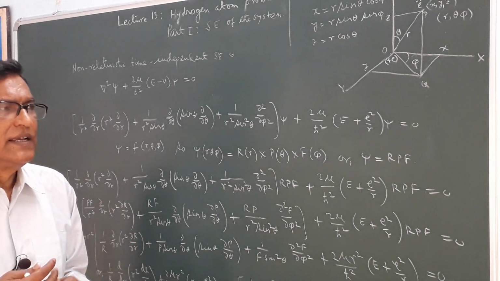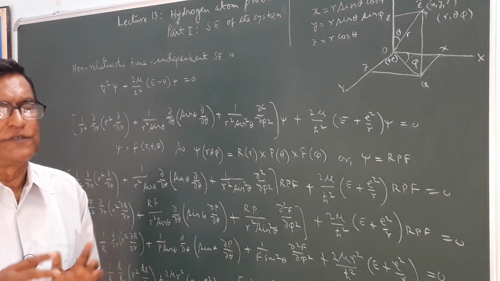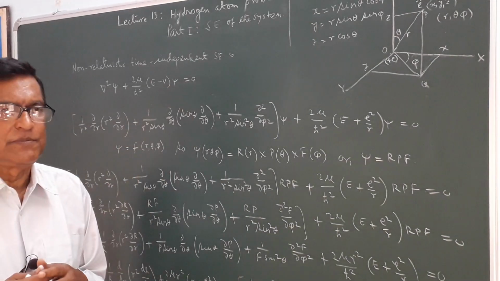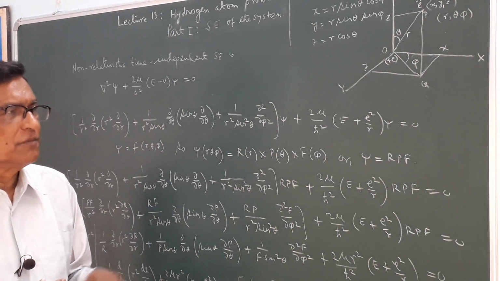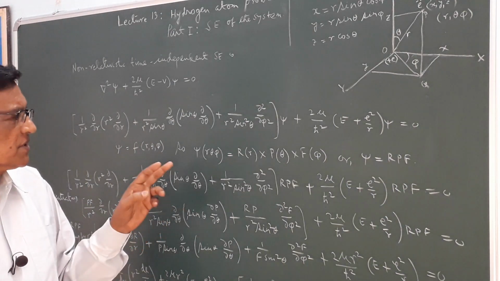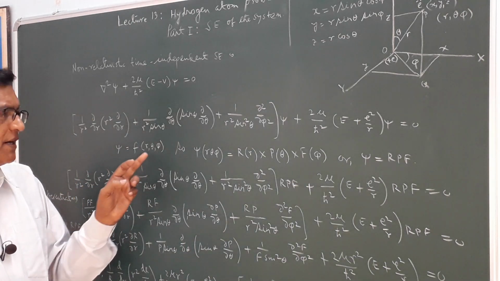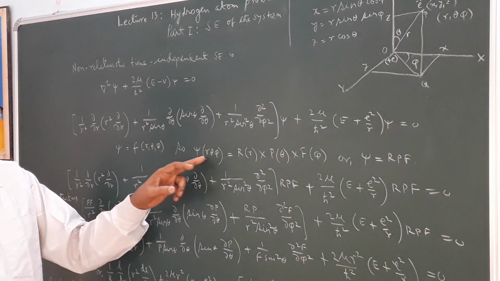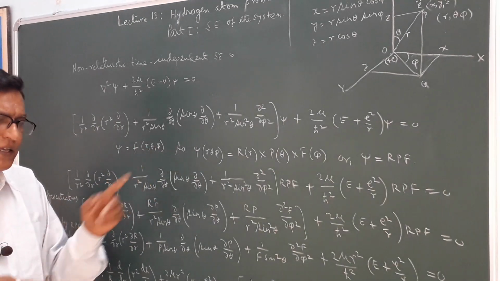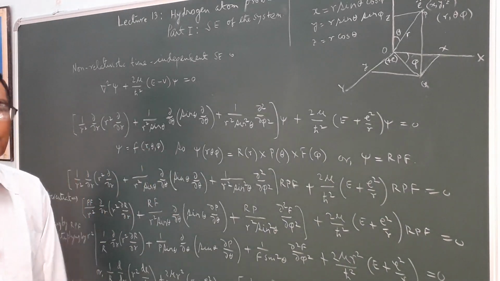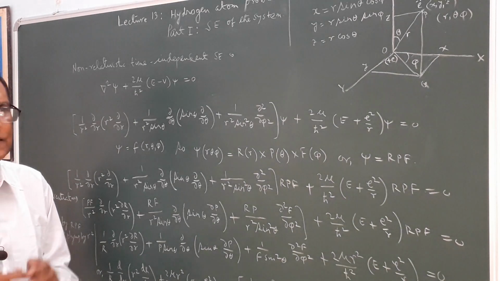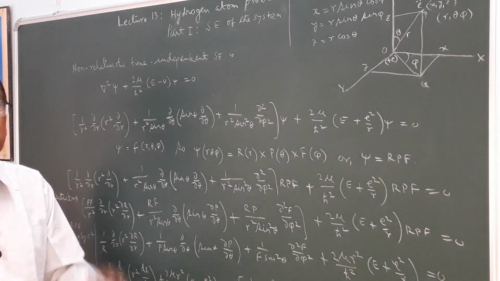Not only that, every piece of information for this system can be obtained from the expression of psi. Psi here is a function of r, theta, phi, and they are independent coordinates, or I can say independent variables.